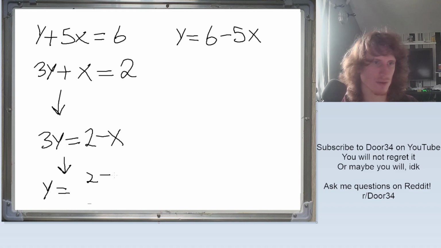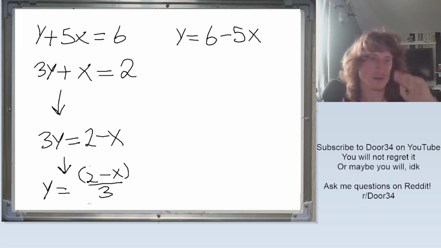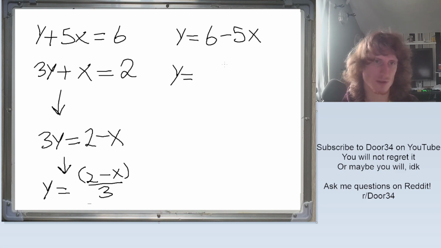So it's going to be (2 minus x) divided by 3. Let's put the brackets on the top so we know that it's all divided by 3. And so here's another equation purely in terms of y: 2 minus x, all divided by 3.